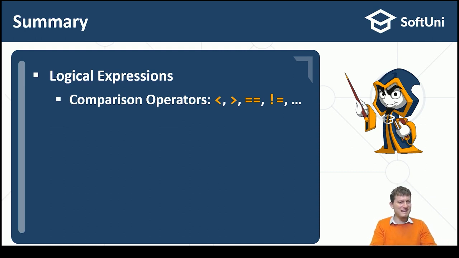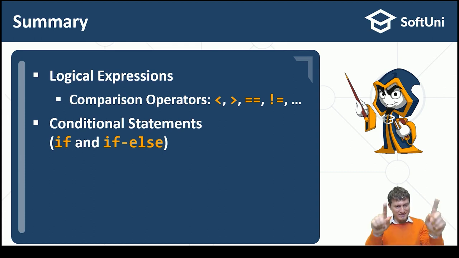So I'm happy that we have successfully passed this lesson, which was about the conditional statements. And I already explained that the logical expressions are built using a comparison operator and some operands, some values, so we can compare, for example, if the temperature of the water is less than 100, it's not boiling, things like that.